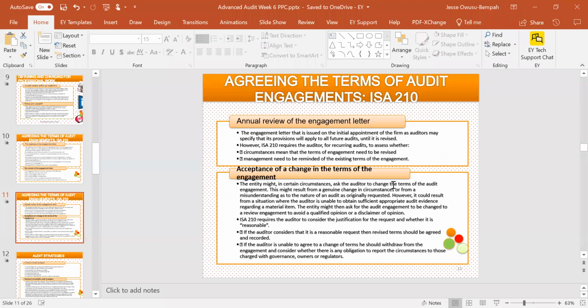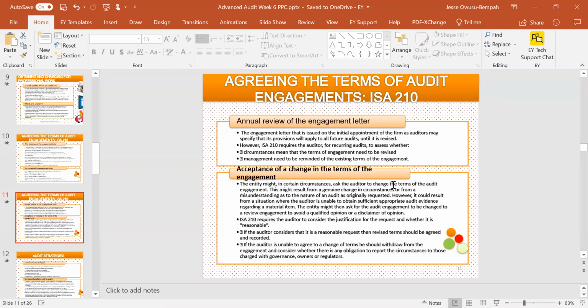The entity might then ask for the audit engagement to be changed to a review engagement to avoid a qualified opinion or a disclaimer of opinion. So that's something the entity can do. They might ask that, oh, change this from an audit engagement to just a review engagement so that they don't get a qualified opinion.